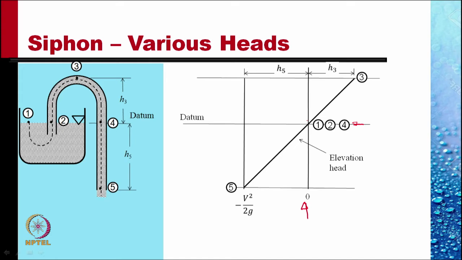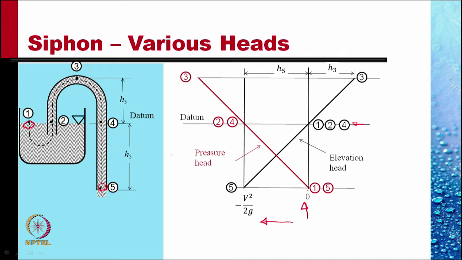Point 3 is h3 above the datum, and point 5 is h5 below the datum, to the left in this diagram. The pressure heads we plot. The pressure at 1 is 0, and so is the pressure at point 5. Point 1 and point 5, both pressures are 0.